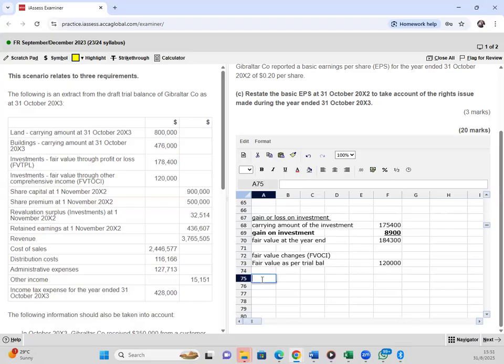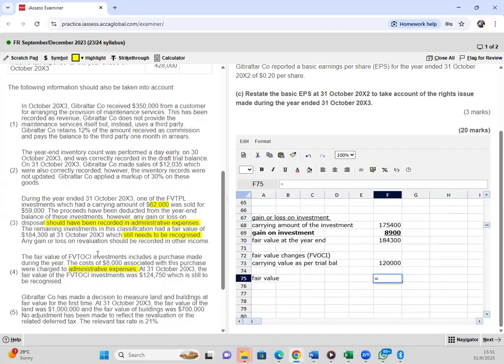Then the year-end balance, sorry, this one is the carrying amount. Then the fair value at the end of the period is given as 124,750. So there is again a fair value gain. So this one is taken to OCI. Why? Because it's fair value through other comprehensive income.